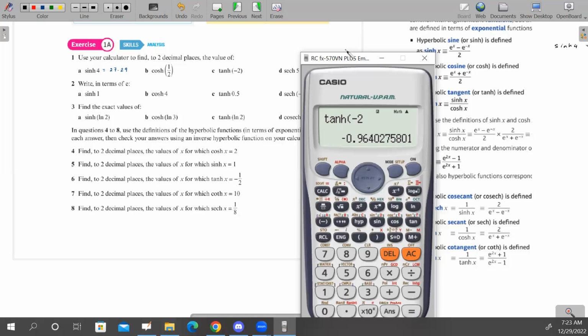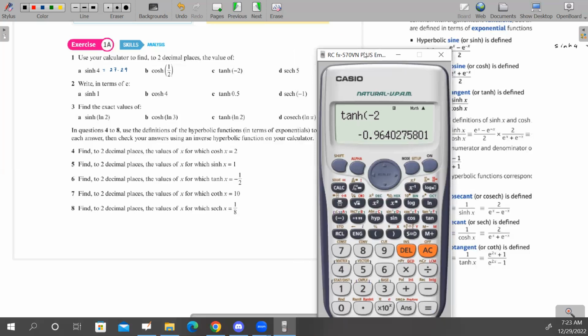Now, by the way, when you give the hyperbolic function, you can see that you have the three main functions, sinh, cosh, and tanh, but the reciprocal functions are not there. So you'll have to do it manually, right? If you want to find the value of sech 5, sech is the reciprocal of cosh.